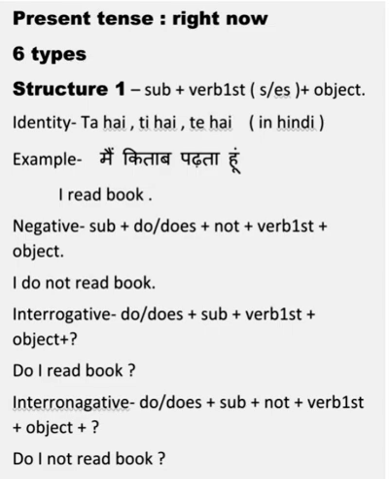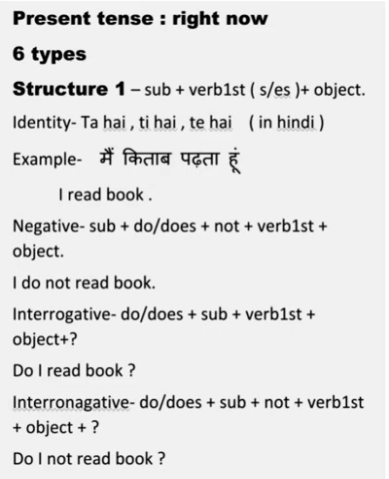So the first structure is subject plus verb first form s/es plus object. Now, what is s and es? We use s and es with our main verb, verb first form, when we have a singular subject.